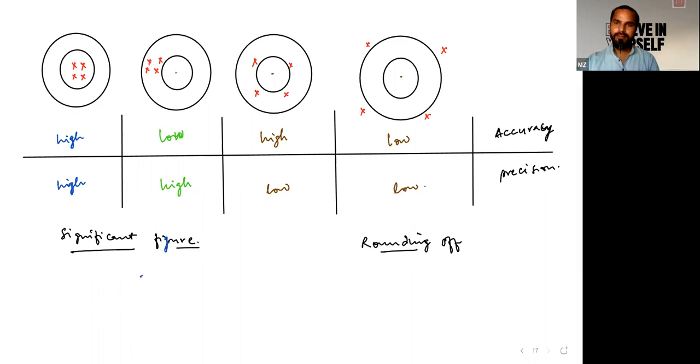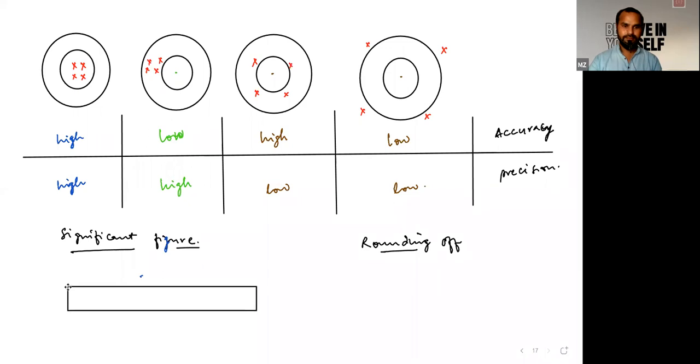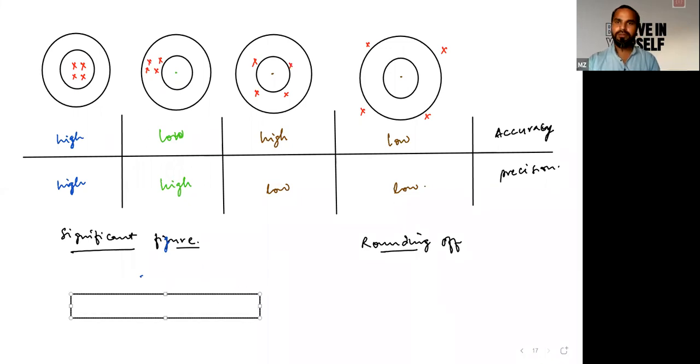if you have a scale and you have put it on a rod, let's say this point. Let your zero start with this point.